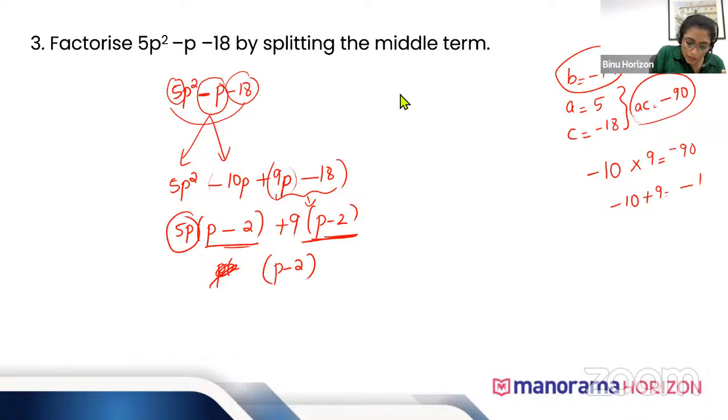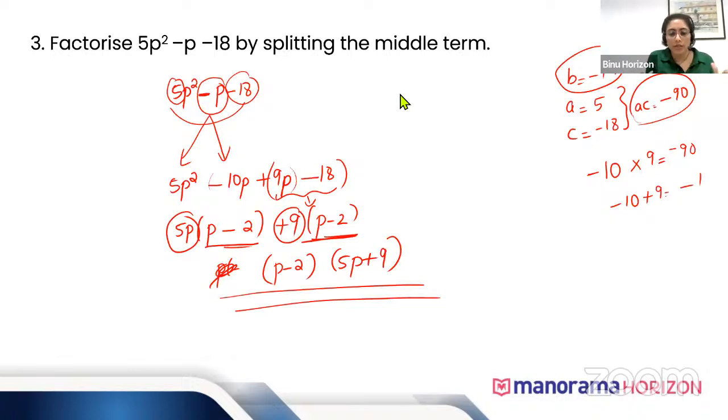What is left? 5p plus 9. So write it like this: (p minus 2)(5p plus 9). This is how we should factorize. So now I got two factors, two linear polynomials, p minus 2 and 5p plus 9. Understood? Any doubt?